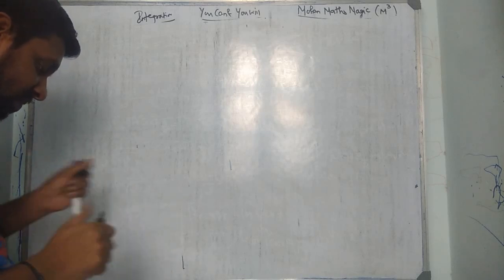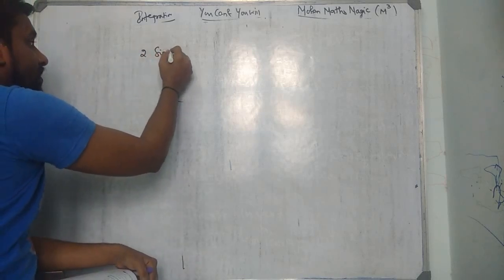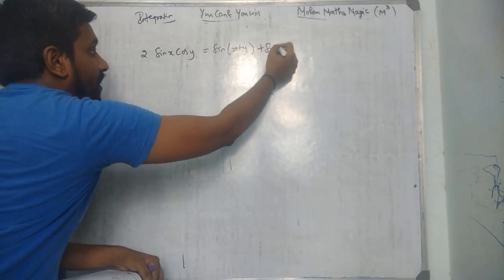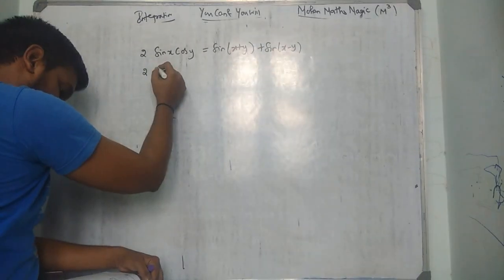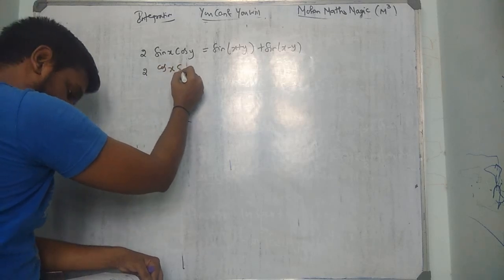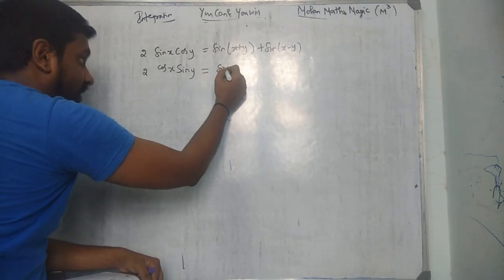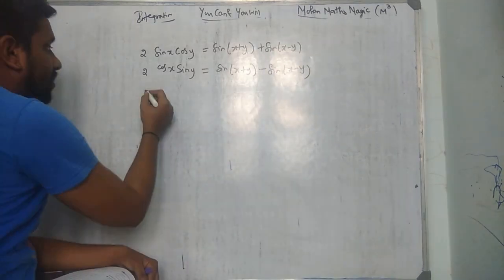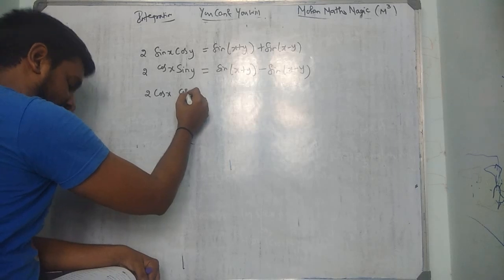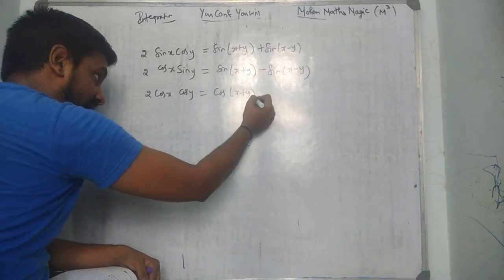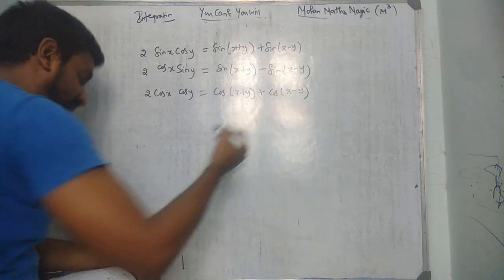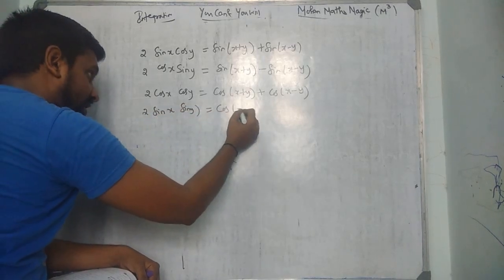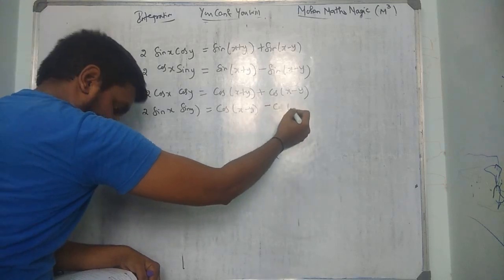So the last 4 trigonometry formulas: 2 sin A cos B can be written as sin of A plus B plus sin of A minus B. Similarly, 2 cos A sin B can be written as sin of A plus B minus sin of A minus B. And the next one, 2 cos A cos B can be written as cos of A plus B plus cos of A minus B. And the last one, 2 sin A sin B can be written as cos of A minus B minus cos of A plus B.